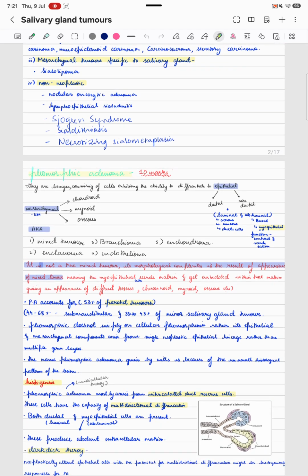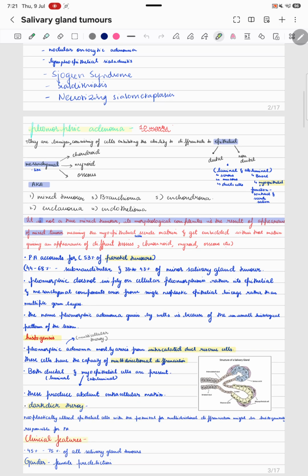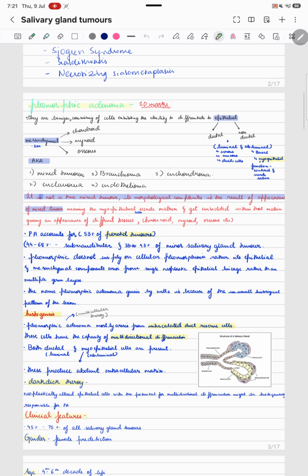What are pleomorphic adenomas? They are benign tumors consisting of cells exhibiting the ability to differentiate into epithelial, ductal and non-ductal components, right? So pleomorphic adenomas are benign tumors which have the ability to differentiate into epithelial, that is the ductal component, which has the luminal component and the abluminal component.